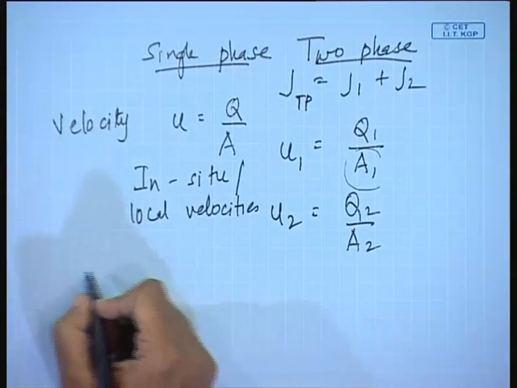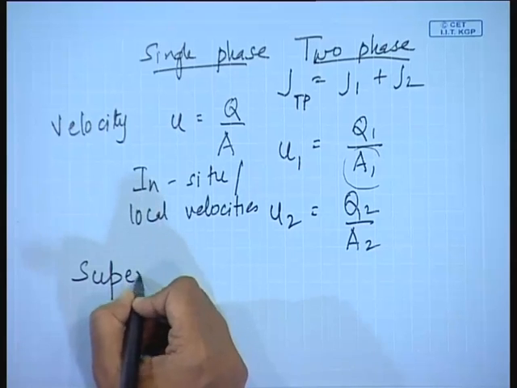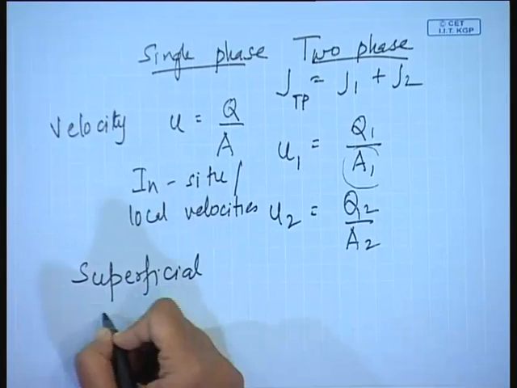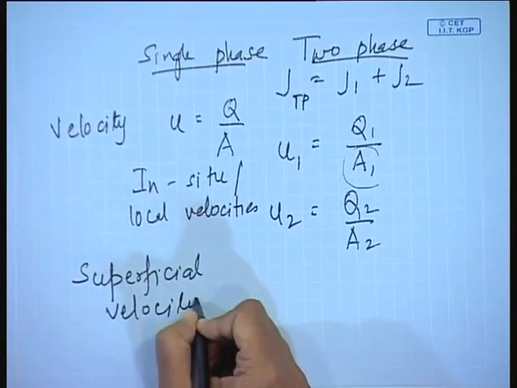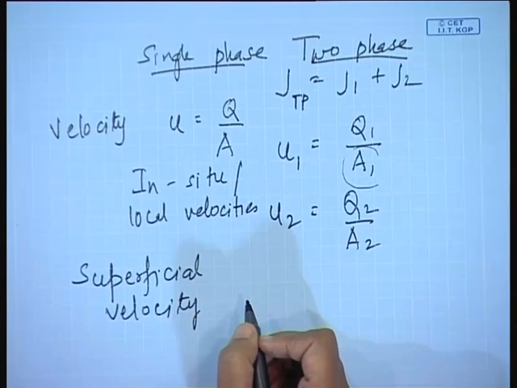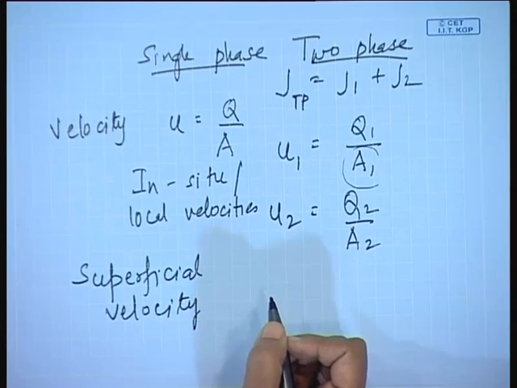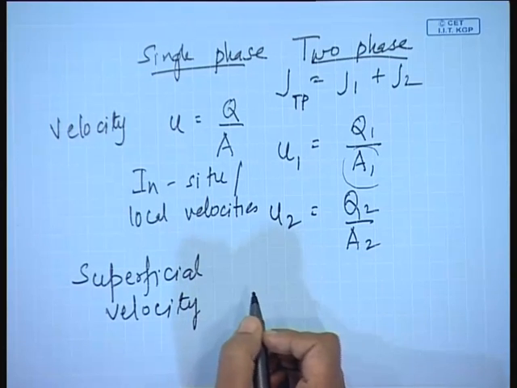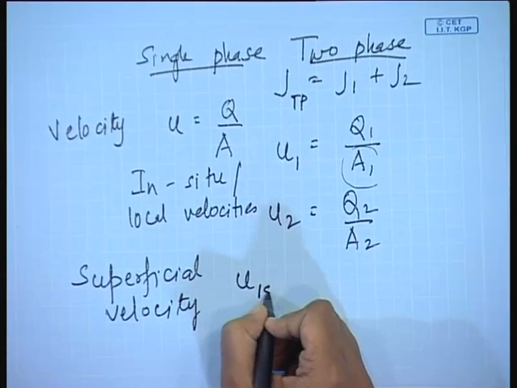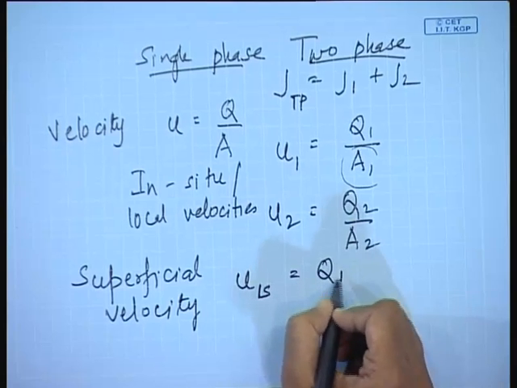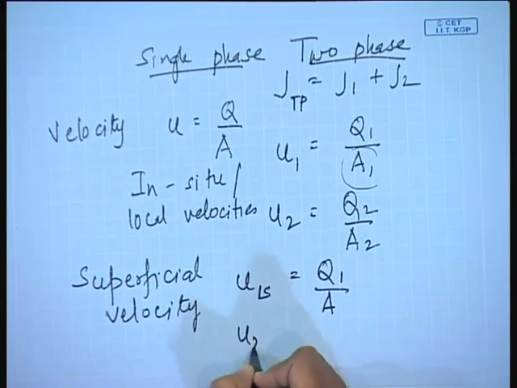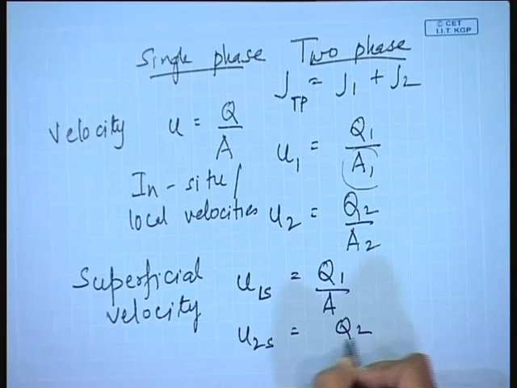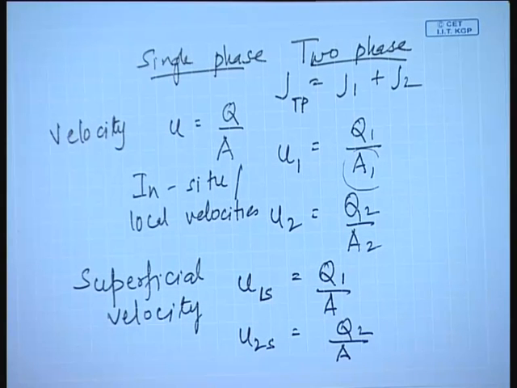Apart from this, we define something known as the superficial velocity, which again is a measurable parameter. So, when we talk of the velocity, say air and water are flowing, we always mention that the superficial velocity of air is say 1 meter per second, the superficial velocity of water is say 0.5 meters per second, where we define the superficial velocities as u1s equals Q1 by A, and u2s equals Q2 by A.